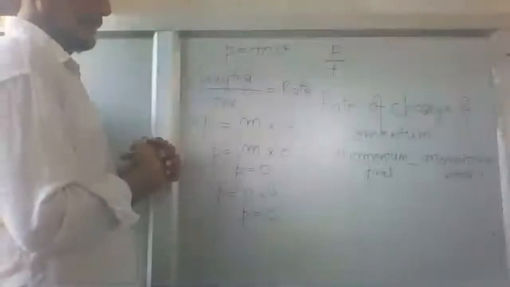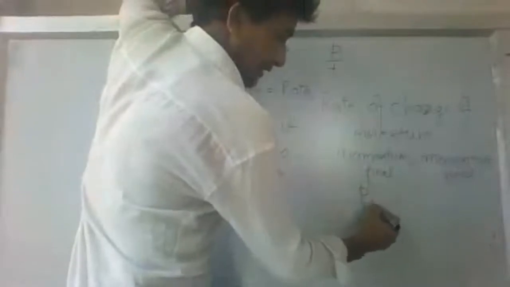This is called the change of momentum. Symbolically, we will represent it by momentum final, P final, minus P initial. This is called change of momentum.